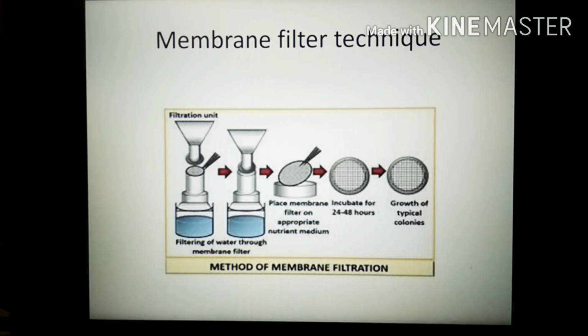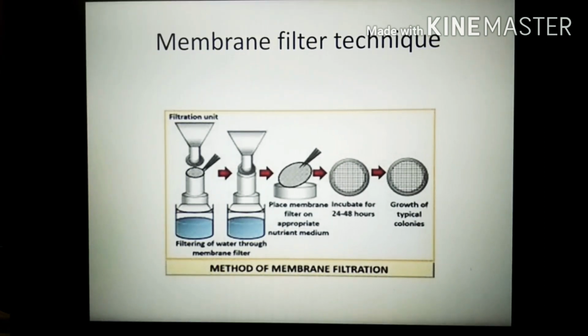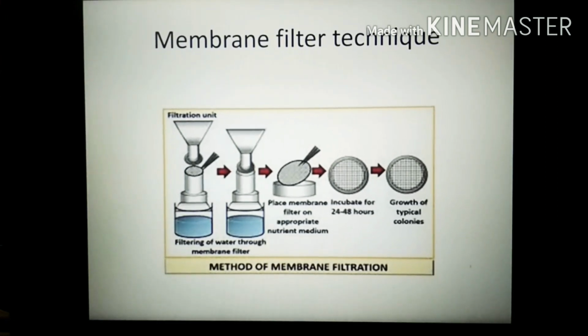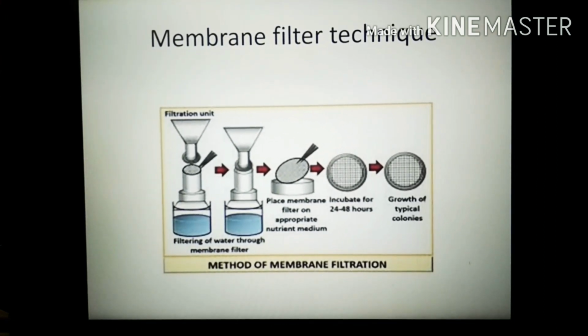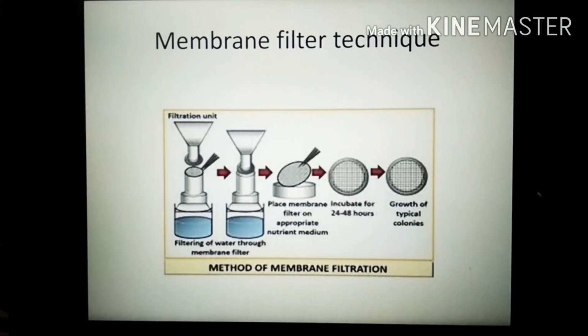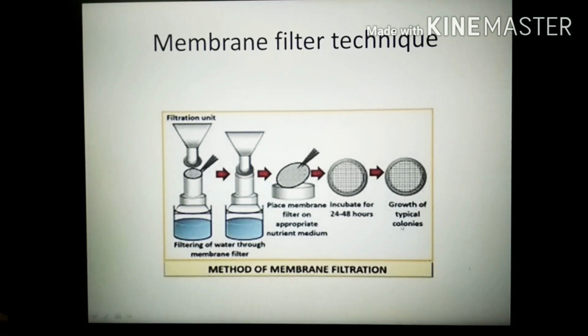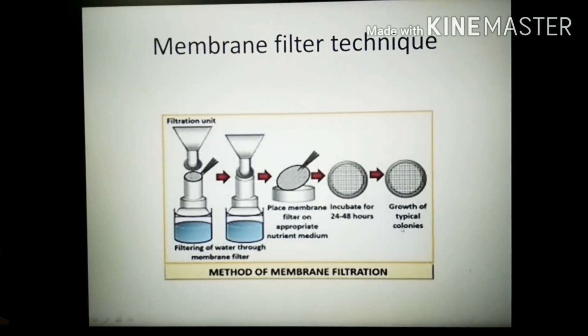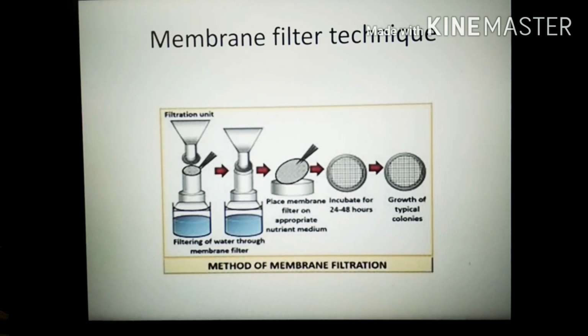The membrane is then put in contact with nutrients, basically known as M-endo medium, that will permit the growth of only coliform colony types. After an incubation period of about 20 hours, here we can see 24 to 48 hours, the coliform organisms develop into visible colonies which can be easily counted. This method is called the membrane filter technique.